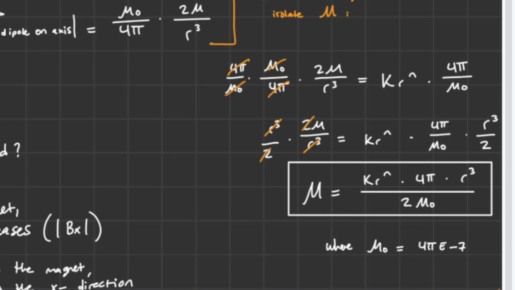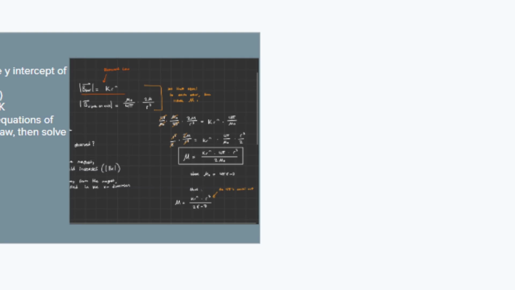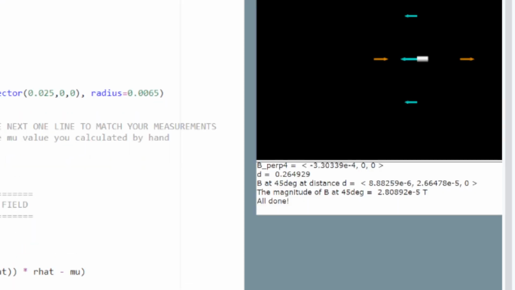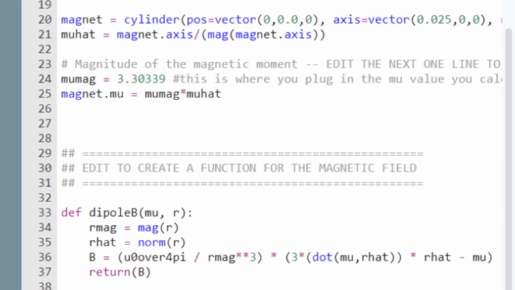This is a value that you insert into your GlowScript code, and as you can see in my GlowScript code, my mu was 3.30339. From here, we can define a function for the dipole formula, where we use the given formula from the instructions to calculate a more accurate version of B dipole.